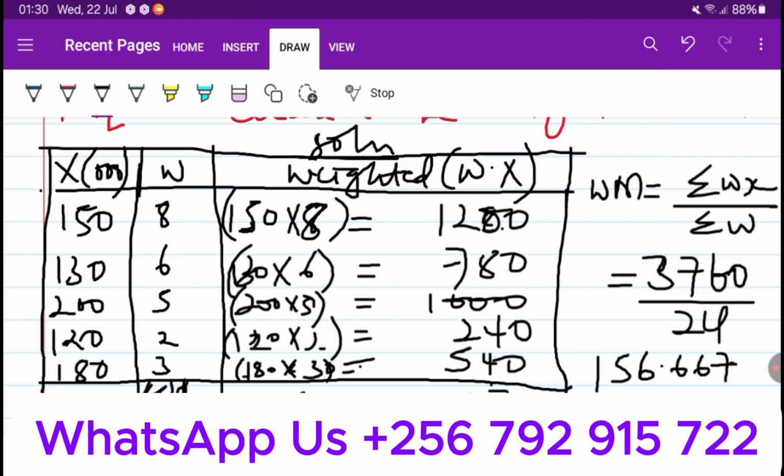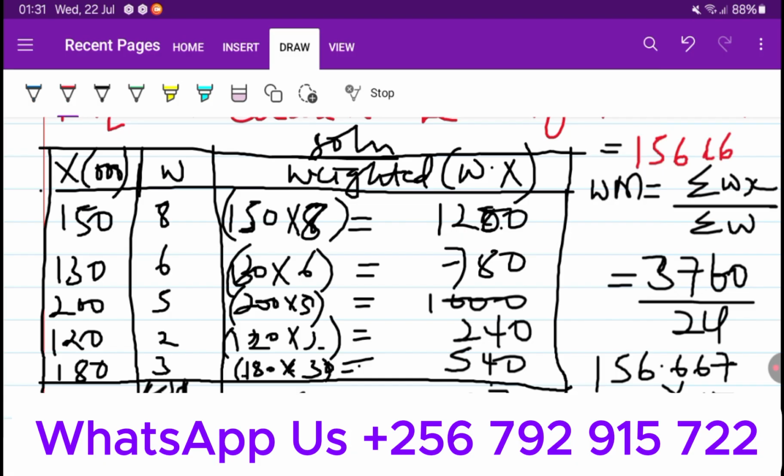Of course, you multiply by 1,000, because they gave us these values in thousands, and that will give you 156,667,000 shillings. This is our mean. So that is the weighted mean.